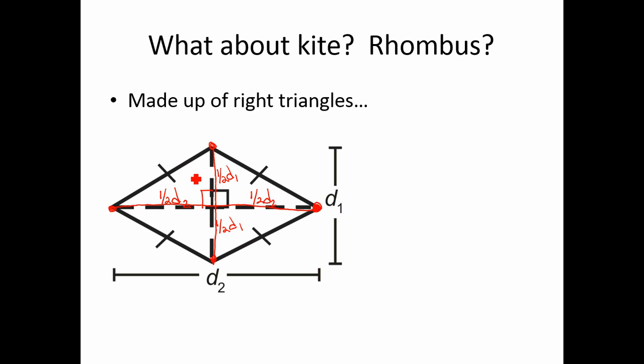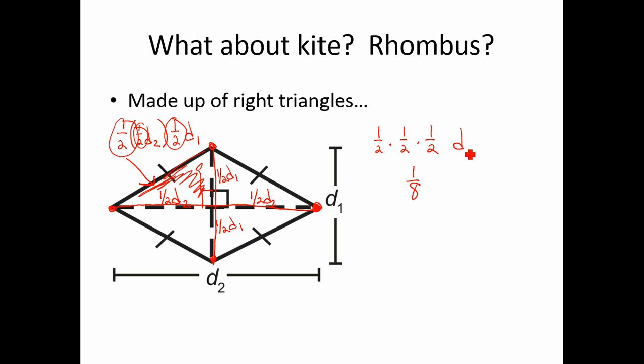Now, if I was going to find the area of just this triangle right here, I would do 1/2 base of that triangle, which is half of diagonal 2, times the height of that triangle, which is half of diagonal 1. And now if I simplify this expression, I would get 1/2 times the 1/2 times the 1/2. If I look at all three of these 1/2 fractions, that would give me 1/8.